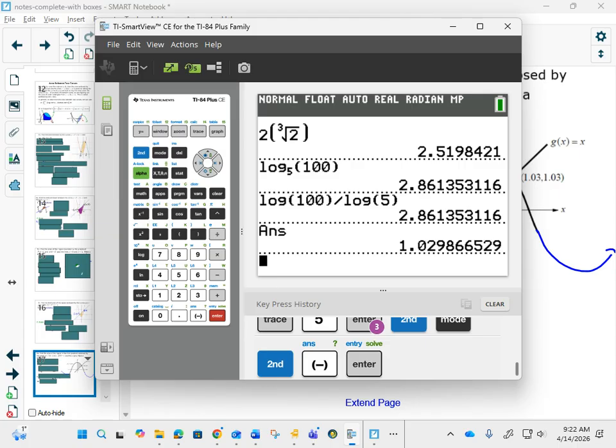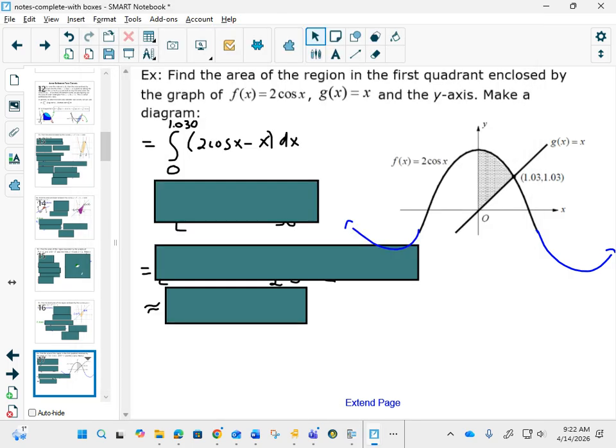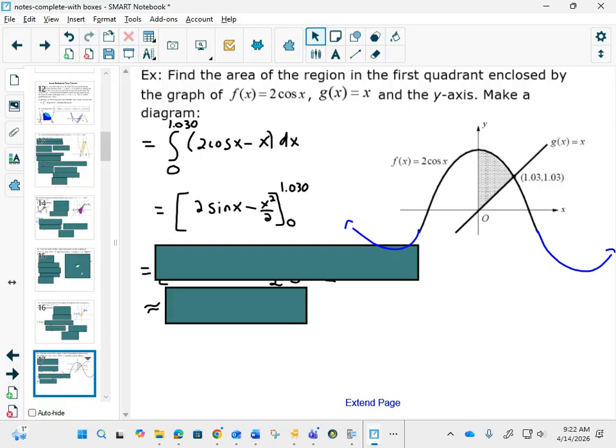So as soon as I go out of my graph, I like to take that answer and store it. Maybe I store it as A, alpha A. Because now when I go here and want to figure this integral out, this is a calculator question. I'm going to be going from 0 to 1.030.